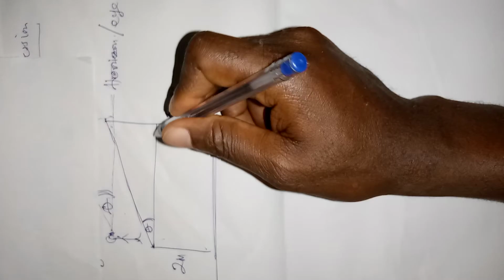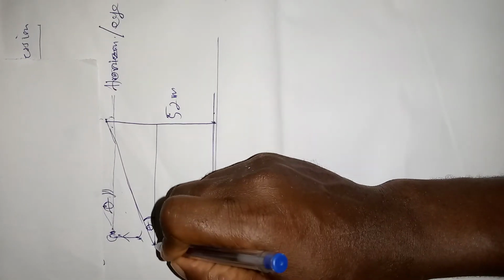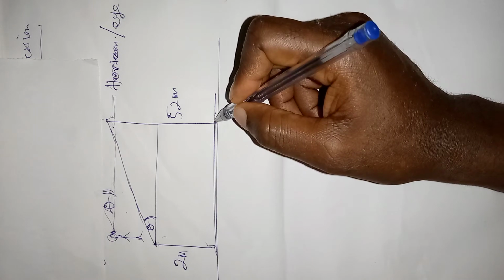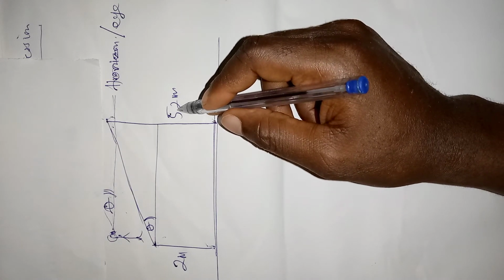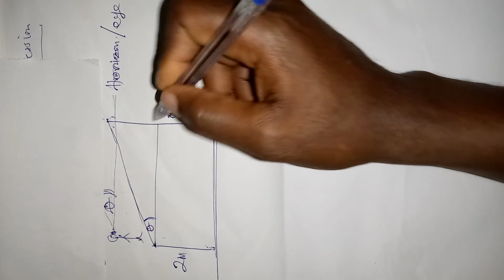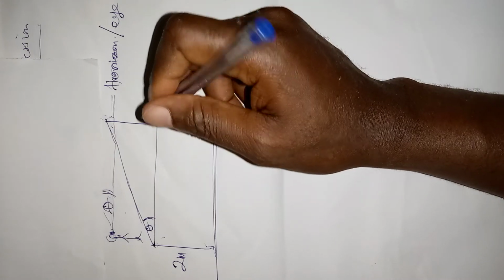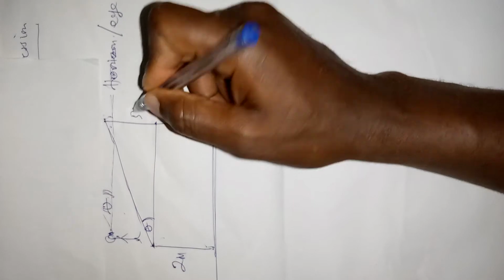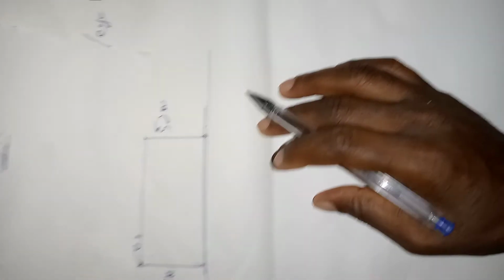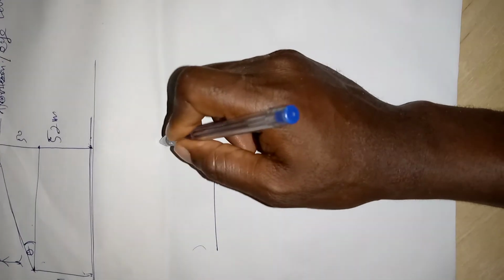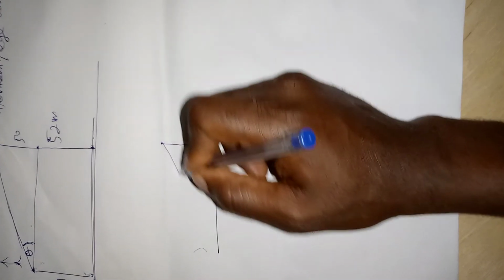So if the height of the man is 2 meters and the height of the building is 52 meters, then from the eye level to the top of the building will be 50 meters. Now let's reconsider that eye level of the man and the height of the building from the eye level.